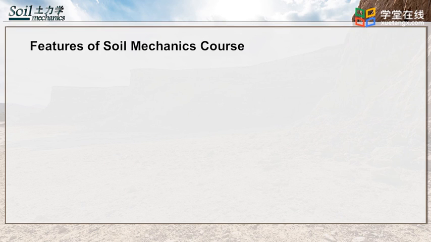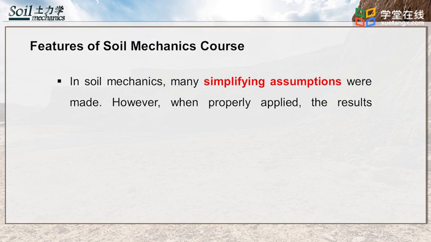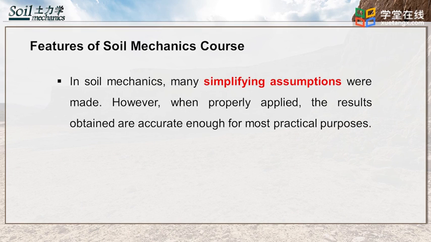First, in soil mechanics, many simplifying assumptions regarding the mechanical and hydraulic property of the soils were made. However, when properly applied, the results obtained by means of these approximate procedures are accurate enough for most practical purposes.